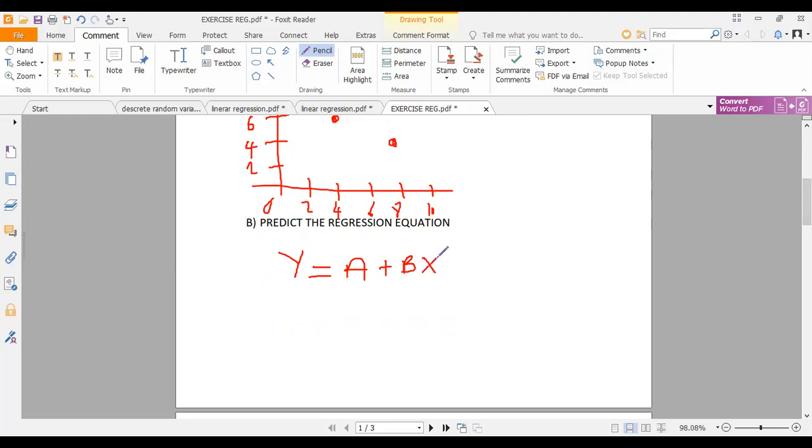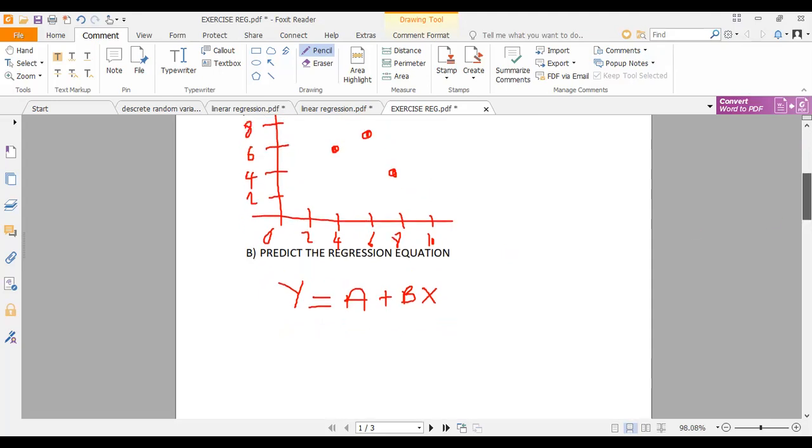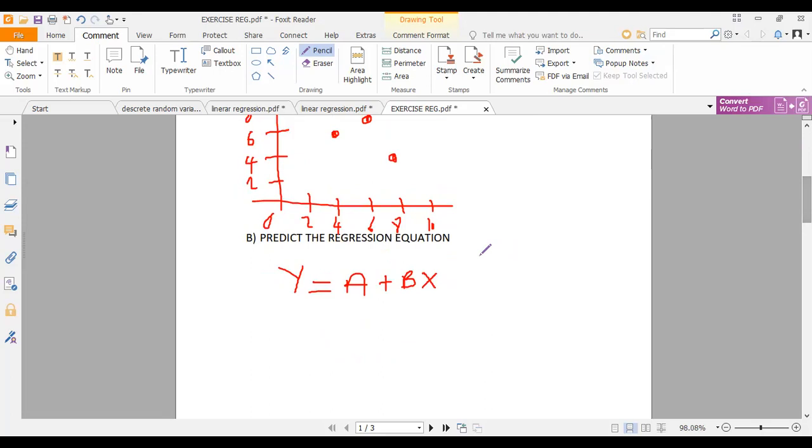So we first remember how to find our A and B. We can find A after finding our B. Our B is the sum of squares xy over the sum of squares xx.